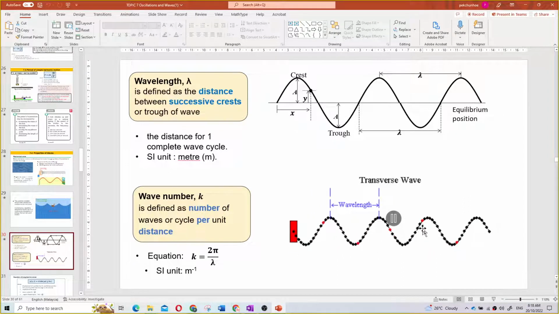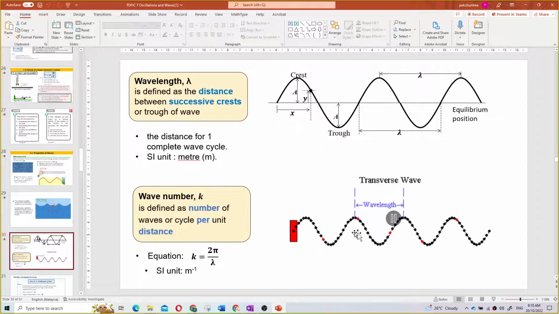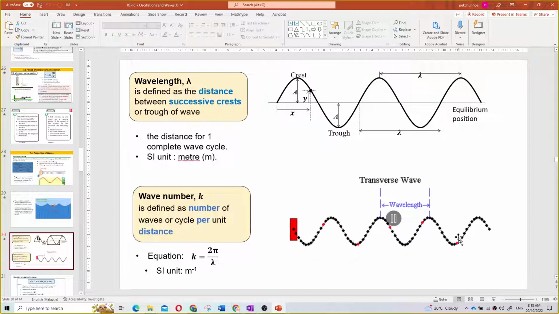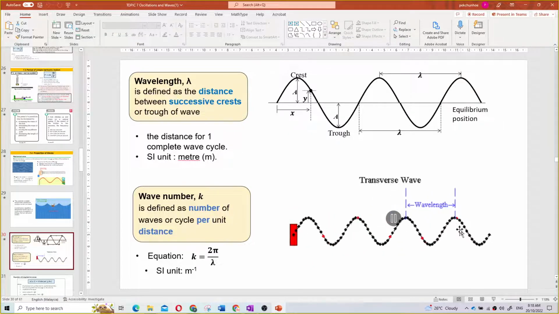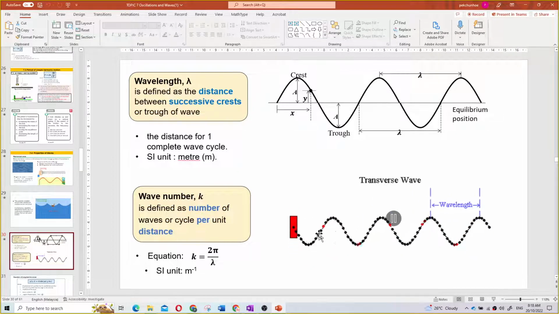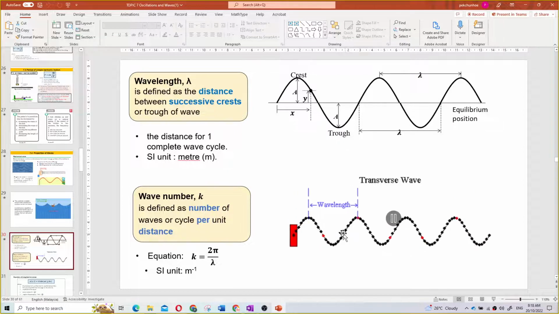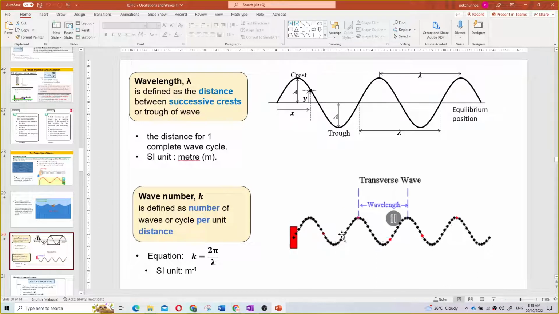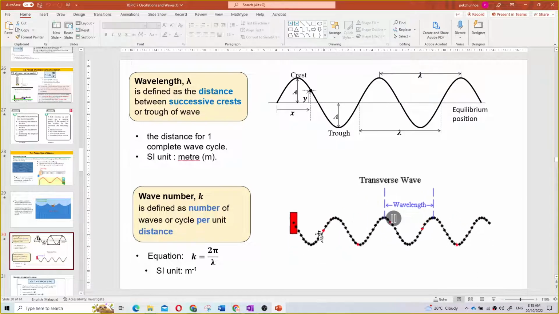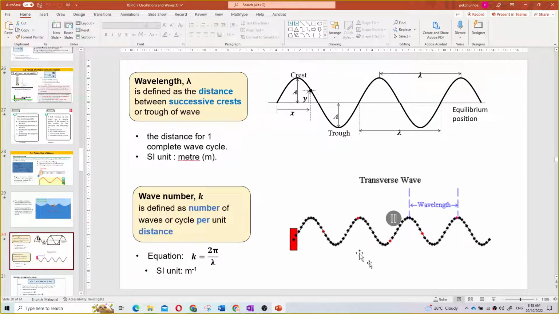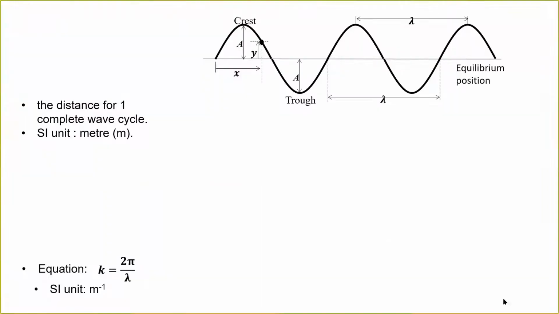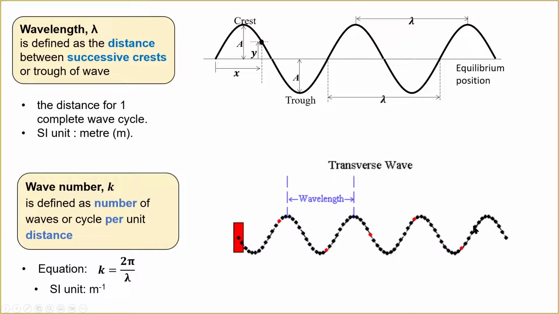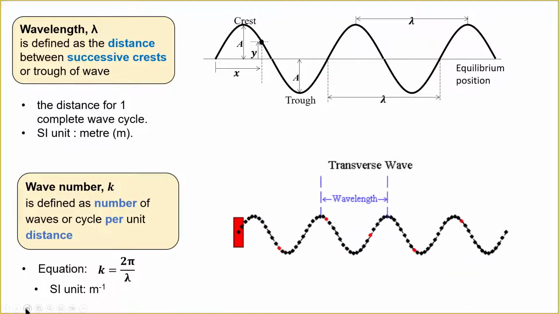And then how about the fourth particle? Even further. And then the last red particle, even further. So all of these particles, not just the red particles, all the other black particles are at different distances. I should write something over here.